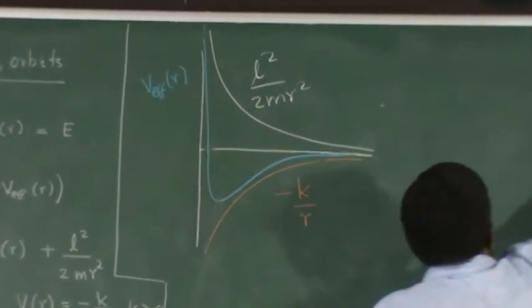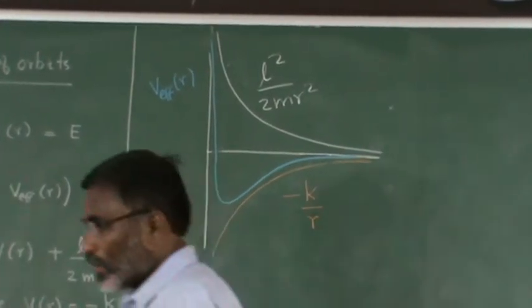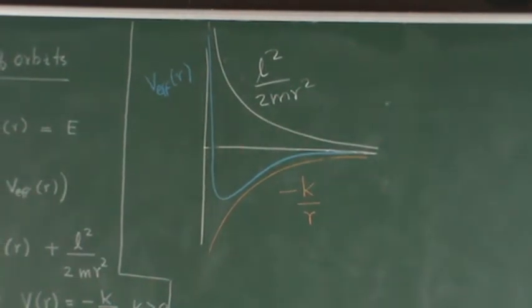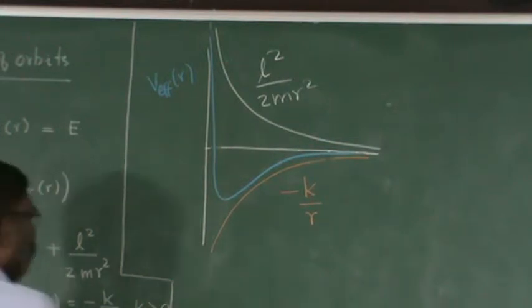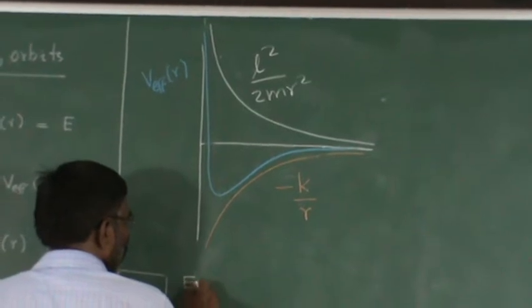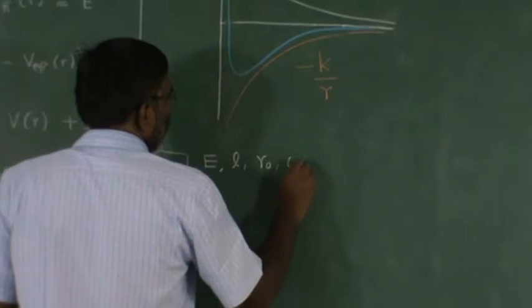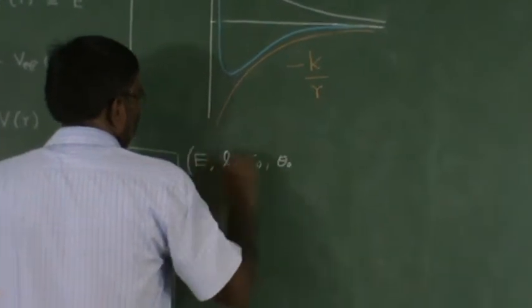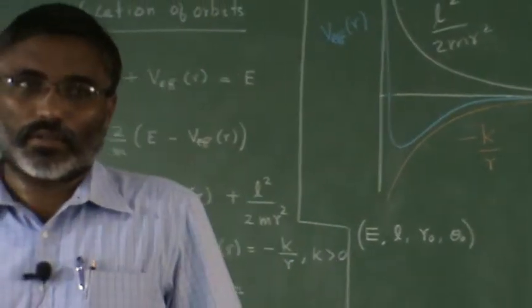Now notice that if we consider, remember, what are the things that we can choose, as we have said in the morning, you can choose E, L, r0 and theta 0. These are the quantities that can be chosen to describe the motion.